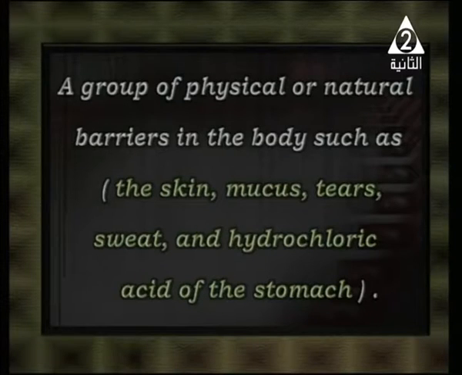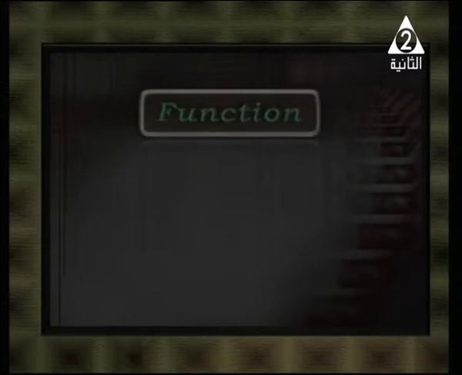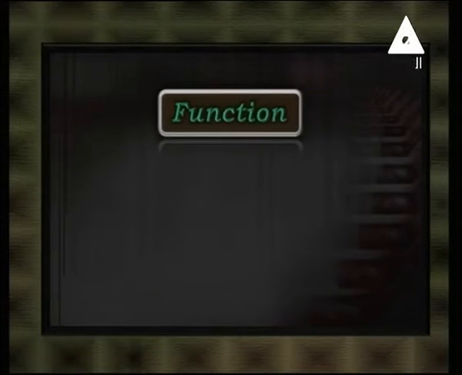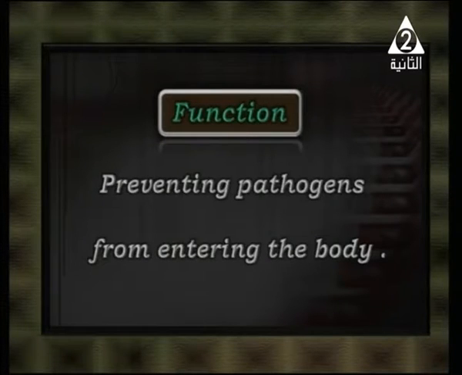Those are called natural barriers. They are part of the structure of your body, and they are the first line of defense against the pathogens. Their function is preventing pathogens from entering the body.